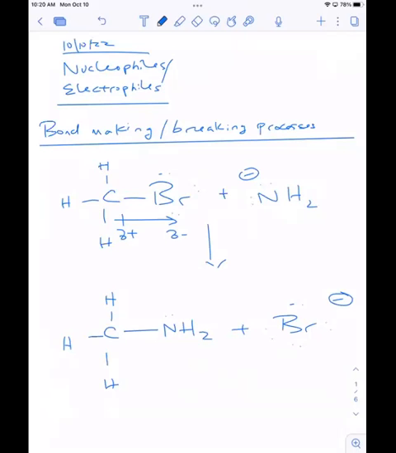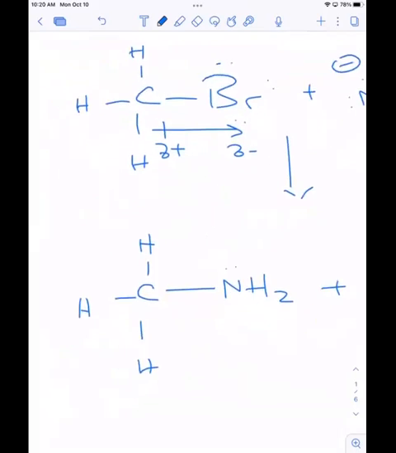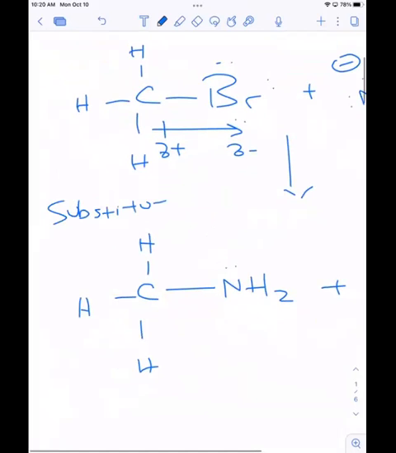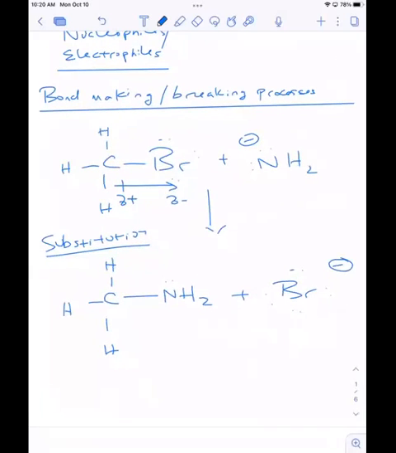You're exactly right. This is an example of a substitution reaction. Right, we're going to talk more about that later when we start talking about reaction types. But sometimes when you have an example that's all encompassing, you can catch everything all at once. All right, let's look at how this happens.